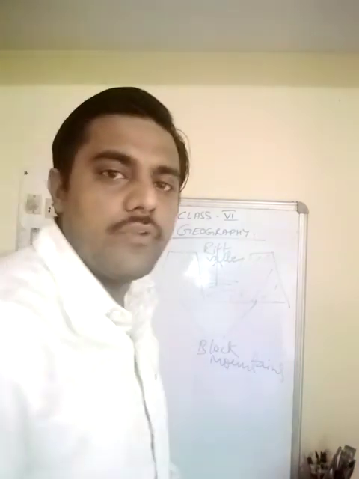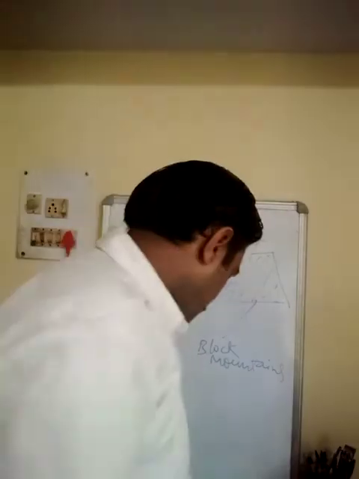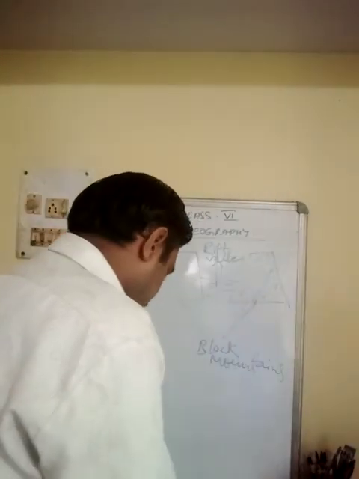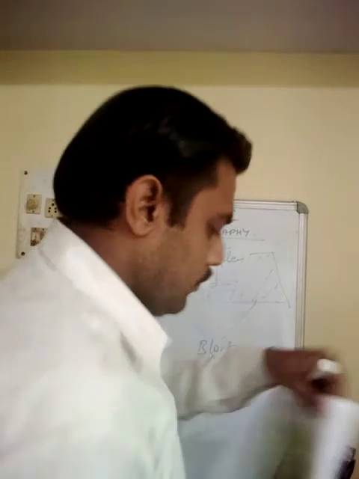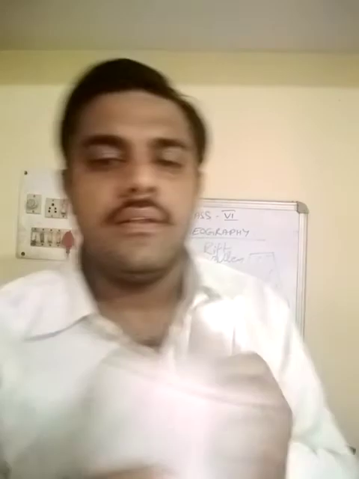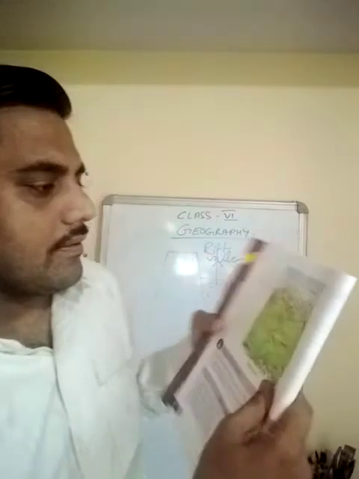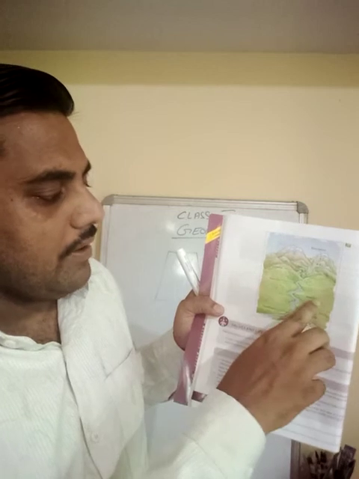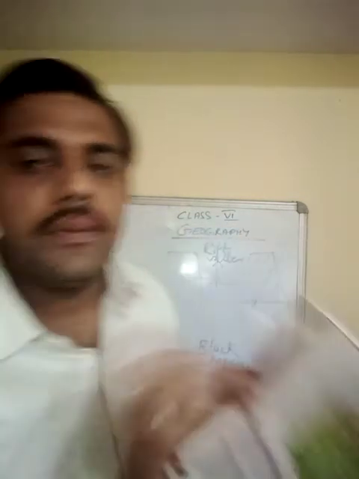Block mountain and rift valley. Not only this, dear children, this particular diagram, which covers everything: river source, tributaries, main river, meander, distributary, and delta, needs to be looked at.